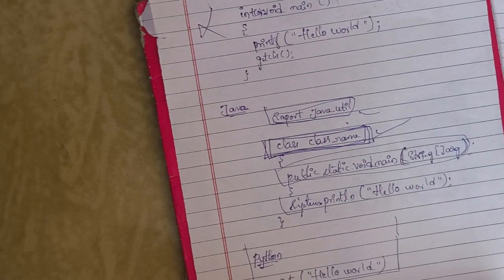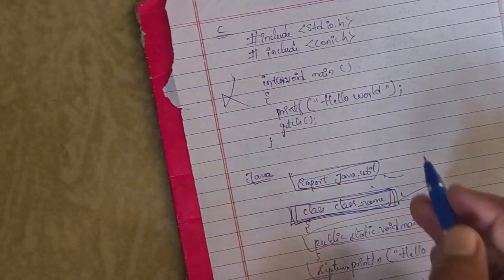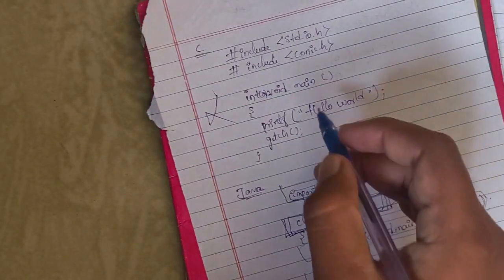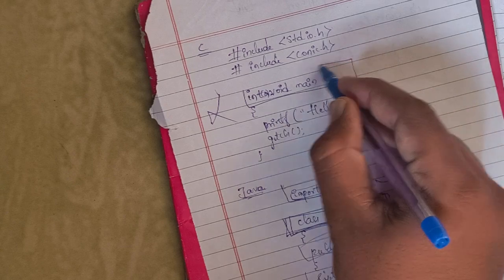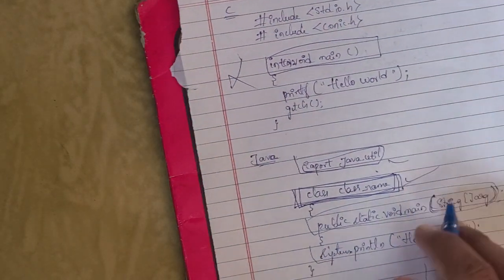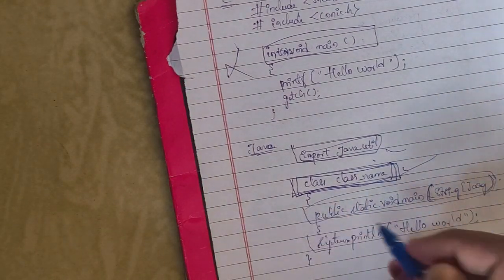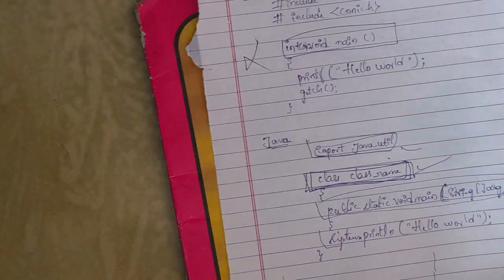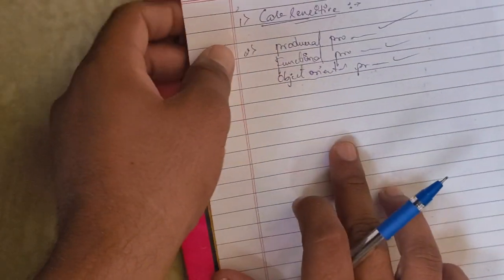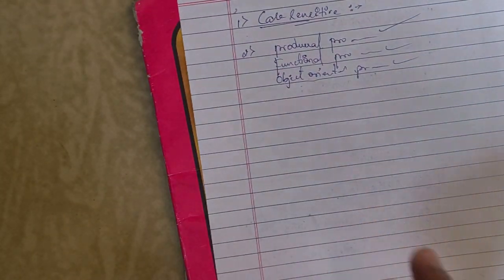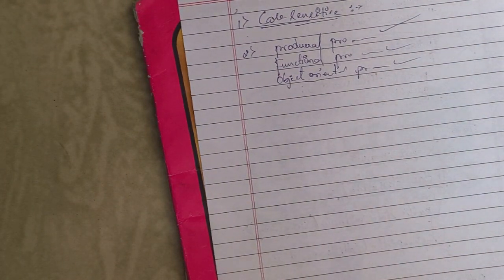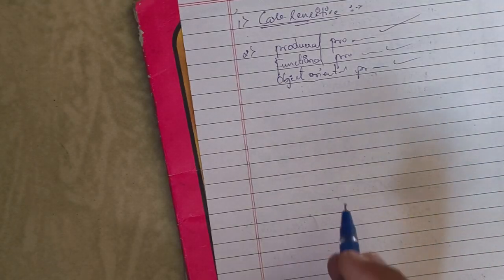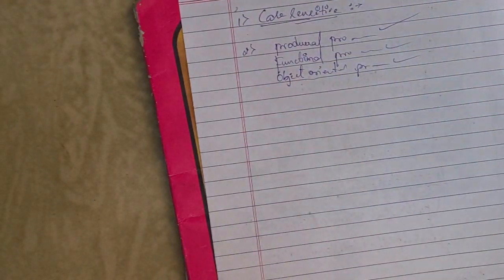Okay, and in C, we must use functions. And here also we must use functions in Java or C++. Okay, there is no use of functional programming, object-oriented programming. That's called procedural programming. Simple. There is no use of functional and object-oriented programming.